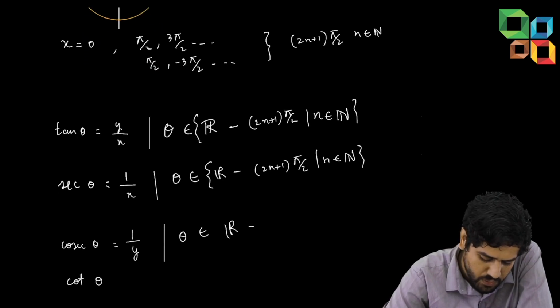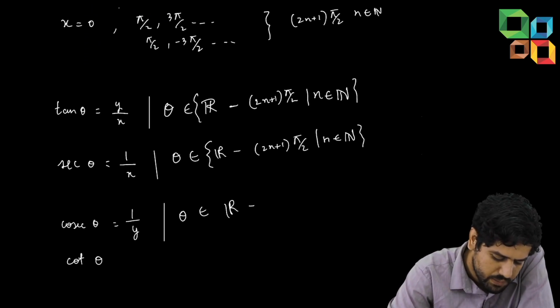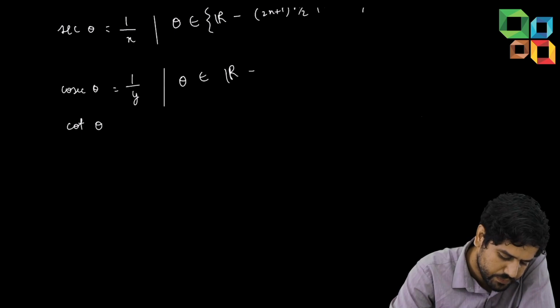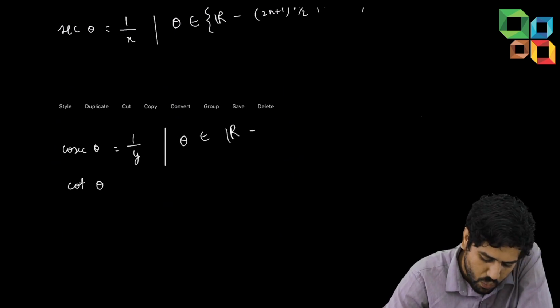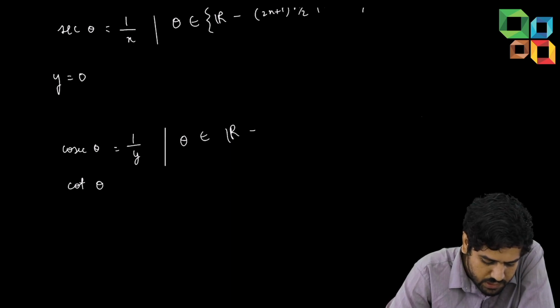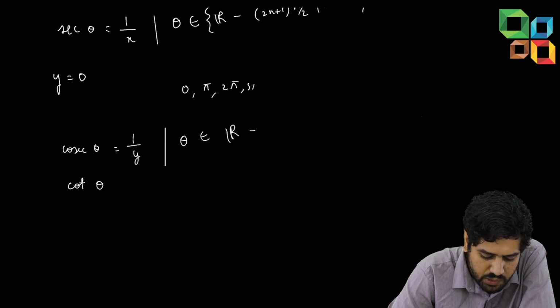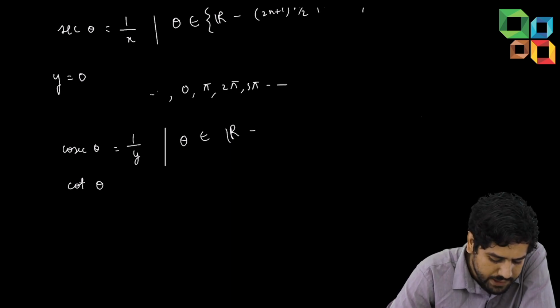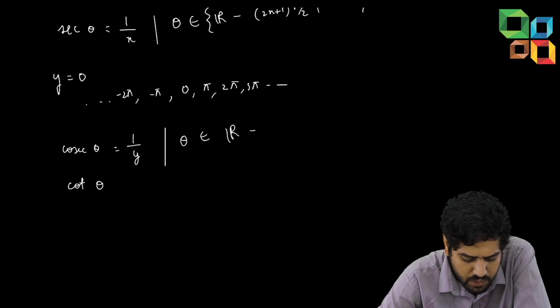So y will be 0 for what values? Y is equal to 0 for 0, pi, 2 pi, 3 pi, and so on. And in negative directions, -pi, -2 pi.